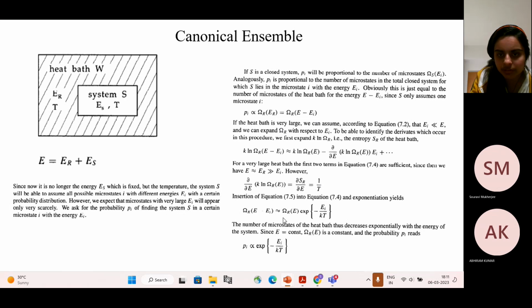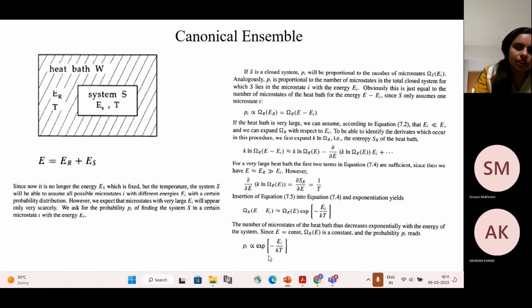From here we derive this expression, which tells us that the number of microstates of the heat bath decreases exponentially with the increase in the energy of the system. So Pi is proportional to e to the minus Ei by kT, where Ei is the energy of the system.